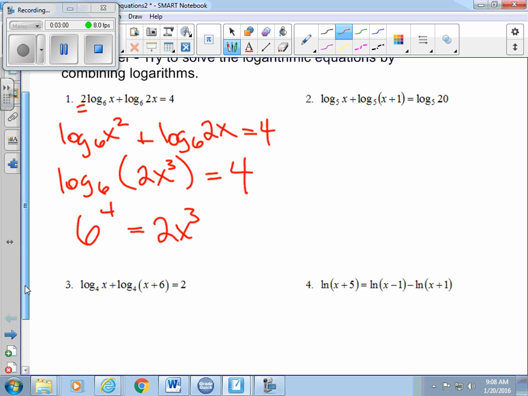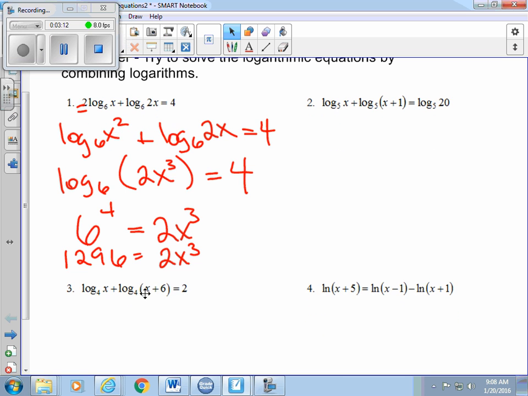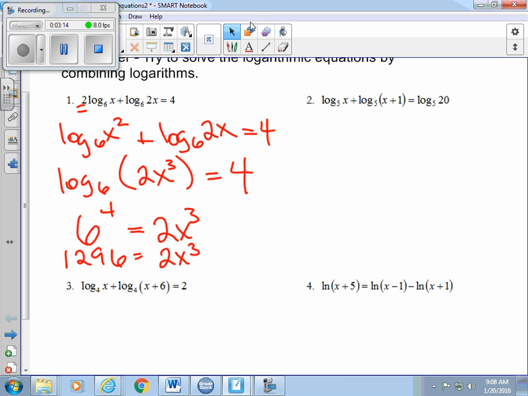Someone with a calculator, what is 6 to the 4th power? And then how would I get x by itself? Divide by 2. Whoops, can't do that. That's a nice try. Divide by 2, and what is 648?